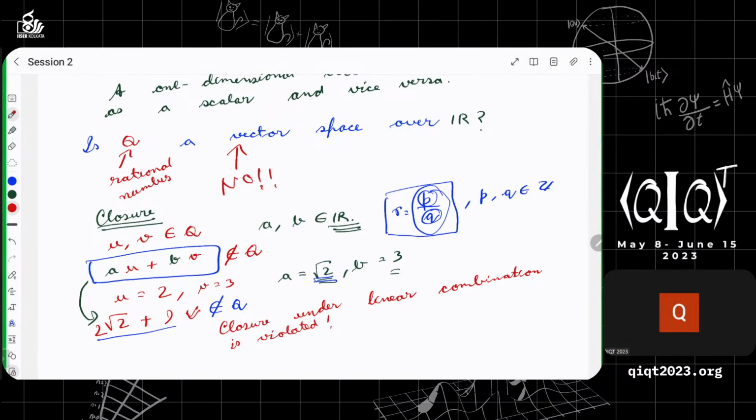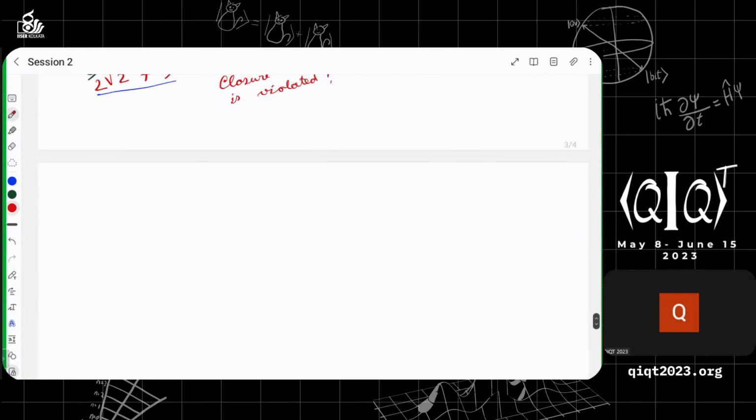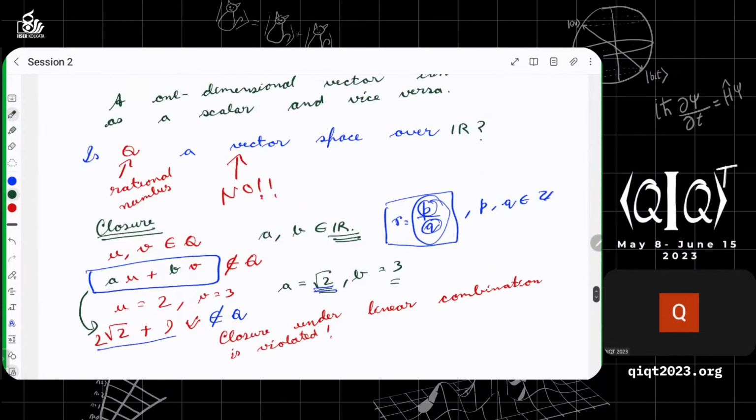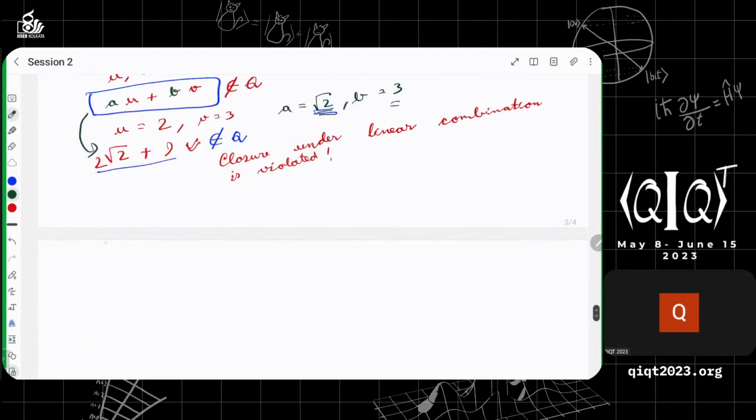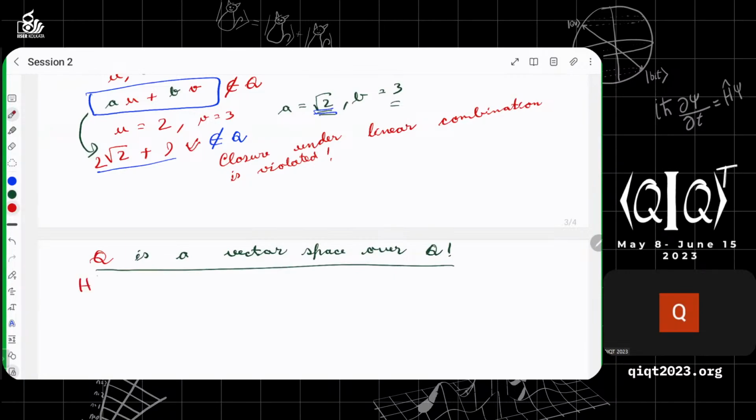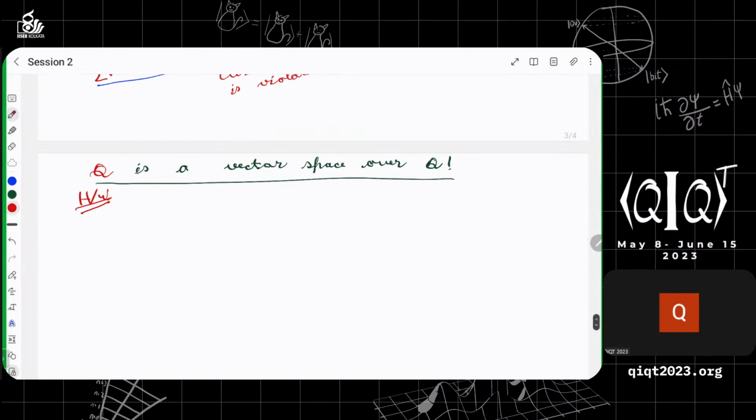Q is not a vector space over R, but as you rightly mentioned, since a field is a vector space over itself, Q is a vector space over Q. This is true, and I think it would be a good exercise to check that all the conditions are getting satisfied.